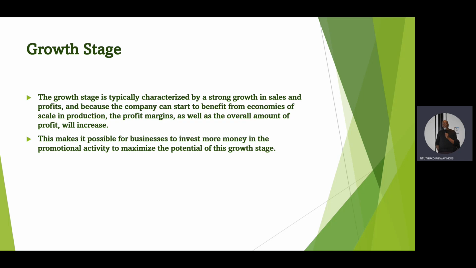Right. The second phase, or the second stage, is growth. Right. Growth. You know the meaning of growth. Now, the growth stage is typically characterized by a strong growth in sales, number one, and profits. And because the company can now start to benefit from the economies of scale in production, the profit margin, as well as the overall amount of the profit, will increase.